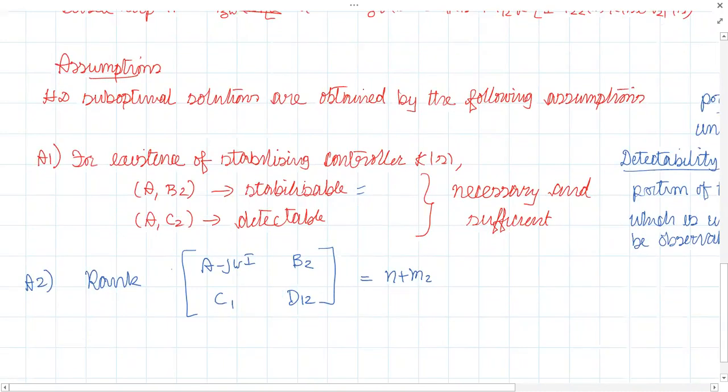Okay. So what's the meaning of this? It means that it has full column rank. What do you mean by column rank? What is column rank? Control system guys? We find rank by row. This time we find by column.